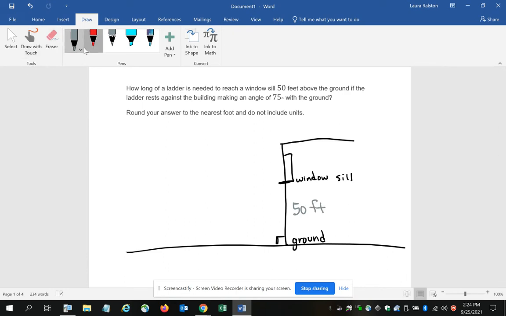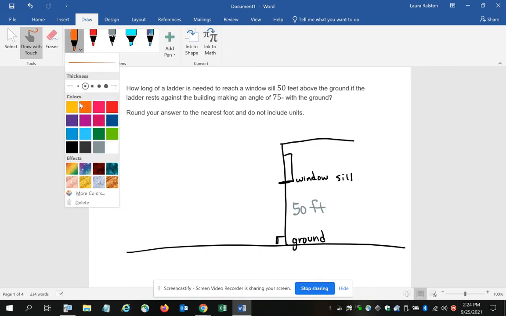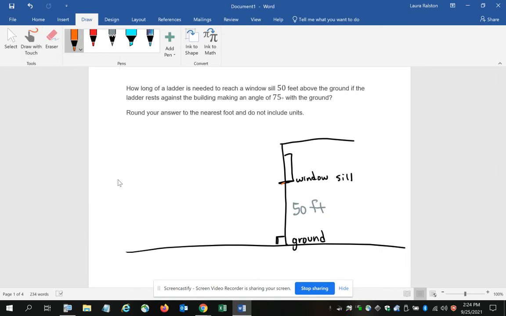We're going to lean a ladder against the wall to reach the windowsill. Okay, so here's our ladder. I'm not very artistic, but hopefully you get the idea.